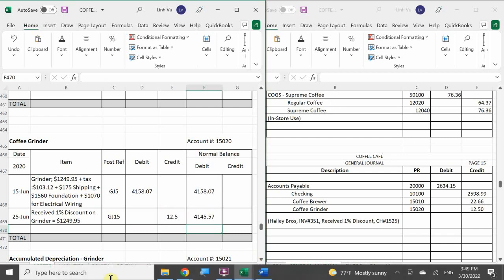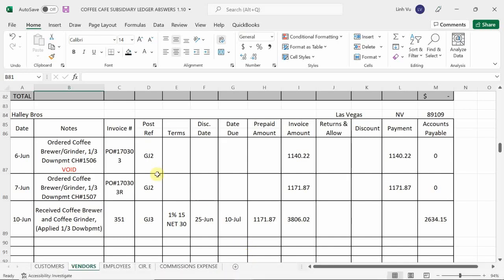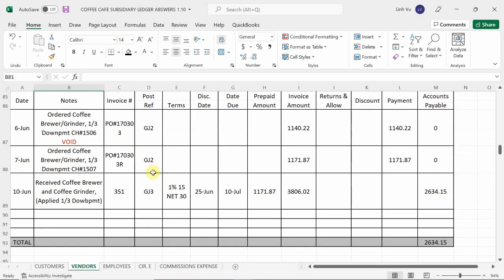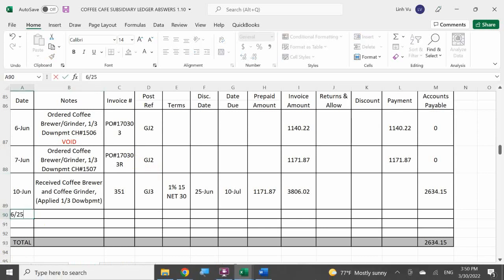Okay. So let's go ahead and update my subsidiary ledger, right? Because this is how we found out that we have a discount. So in this case, it is the 25th. We're going to say we received the 1% discount.